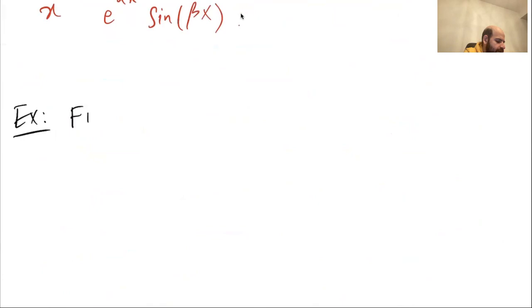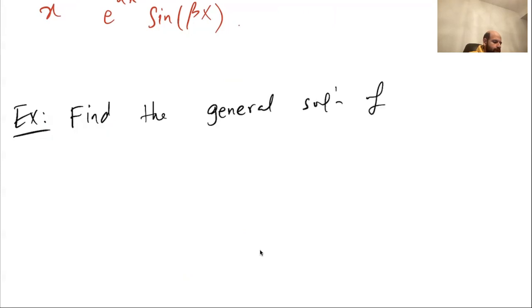Example: find the general solution of the following ODE, y third derivative minus 3y double derivative minus y prime plus 3y equals 0.